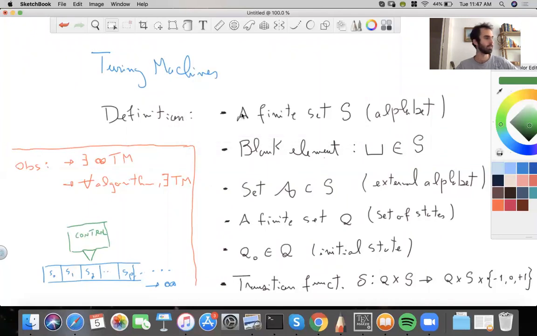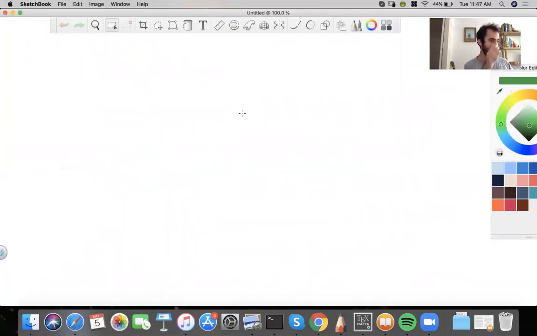Now, let's have a look at what the Turing machine does. Okay. So let's start from this delta function, transition function. So what does it do?